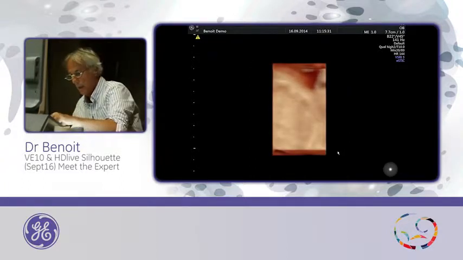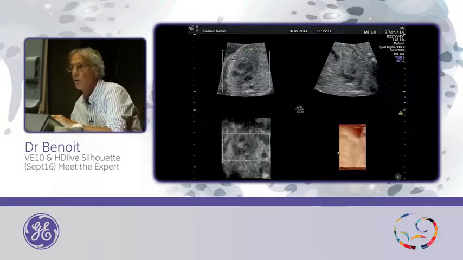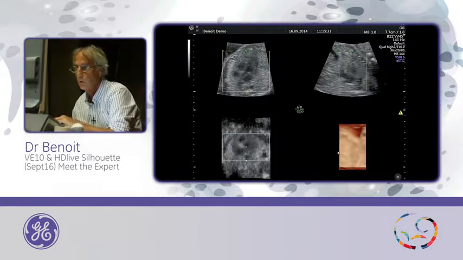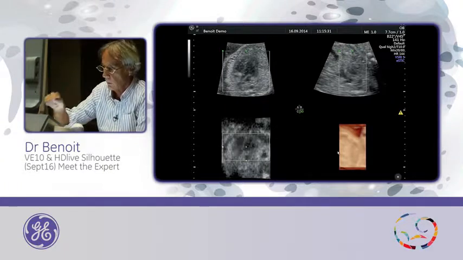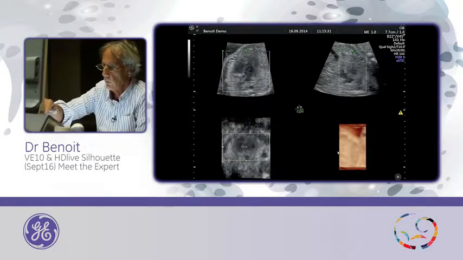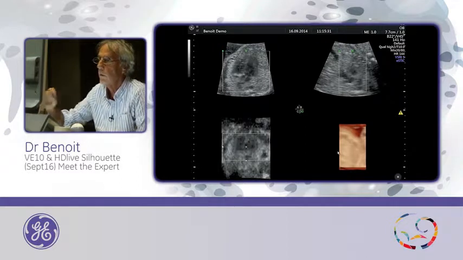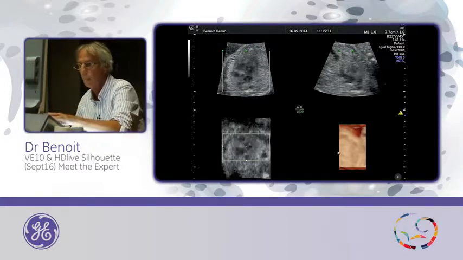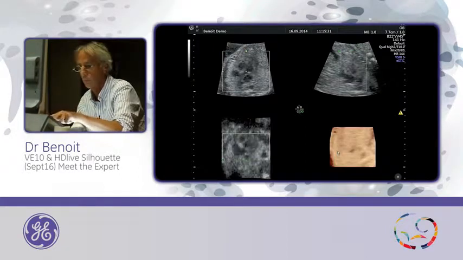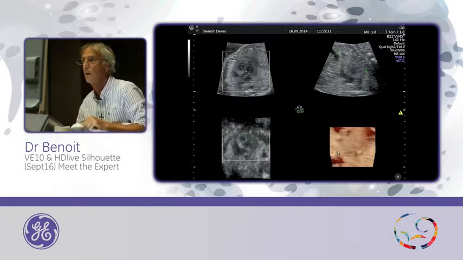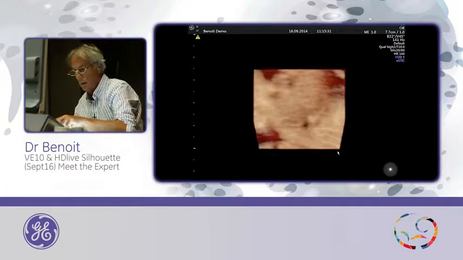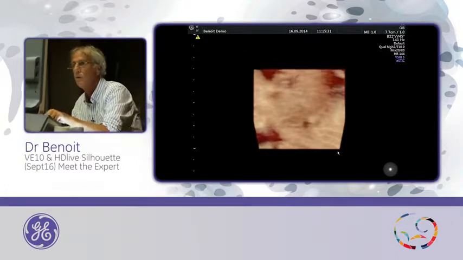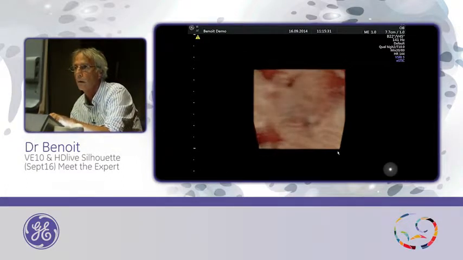And random mode, I choose HD Live, okay. And I just check if the size of the box is okay. The box is okay, but I don't want this kind of view. I have to change the position of the green line to this one. Okay, from the upper part of the heart.